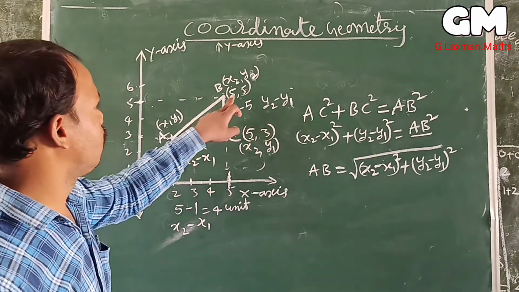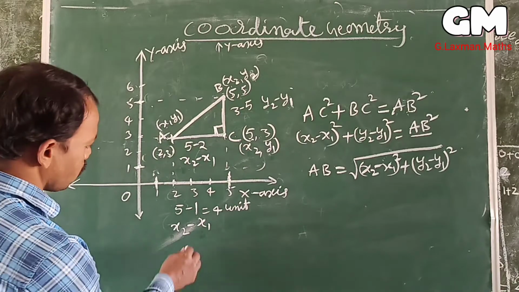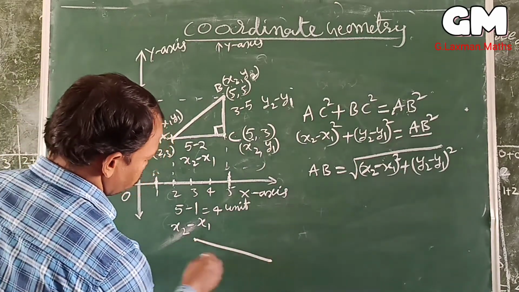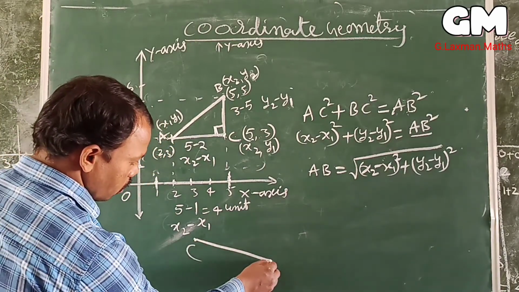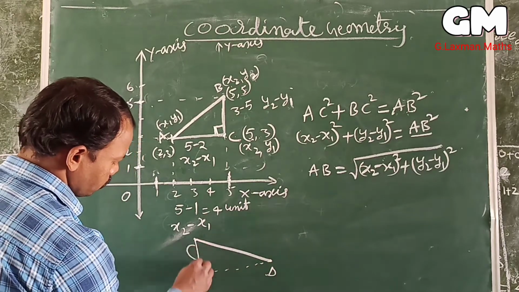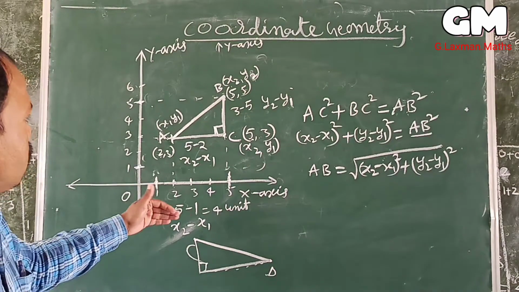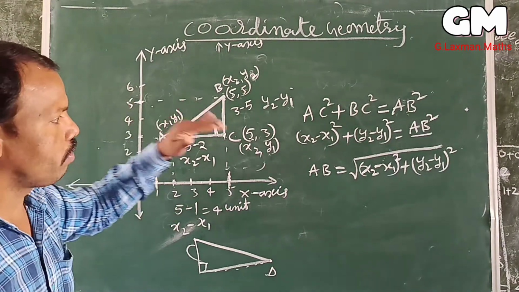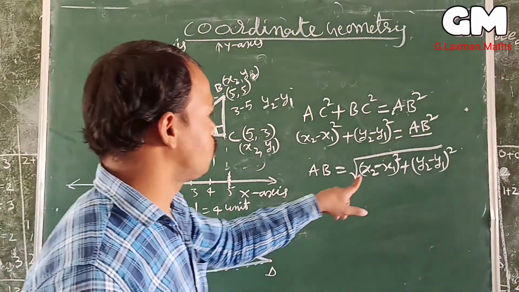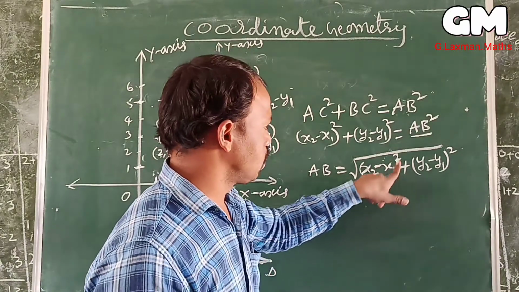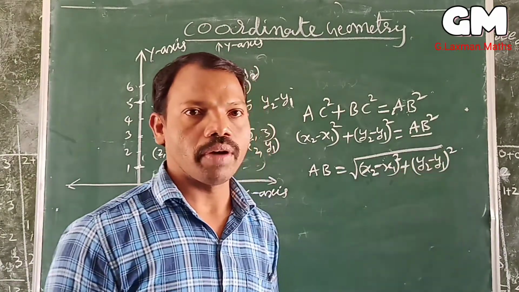Here we have taken A to B, but we can also take C and D. Wherever the points lie, we can find the distance between any 2 points using this formula.